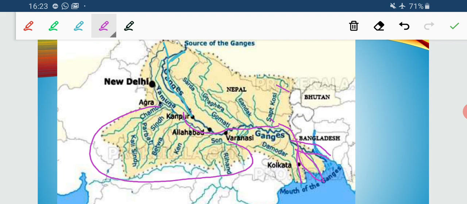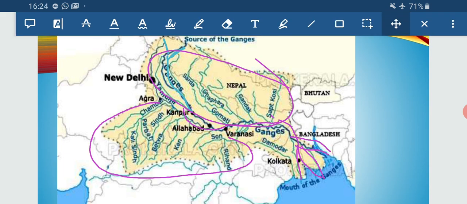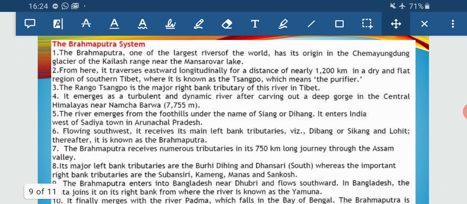So, hopefully the difference between the perennial and the non-perennial streams of river Ganga is clear to everybody. Now, let us move to the next and last river system, that is Brahmaputra river system.